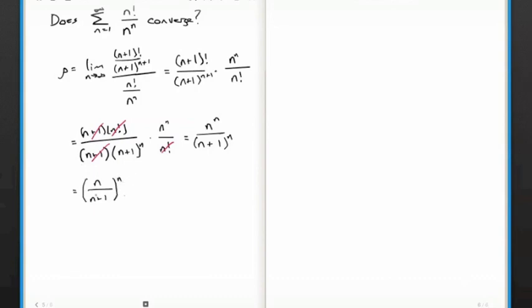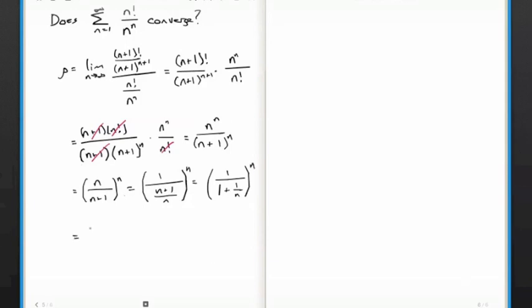Okay, now this looks a little bit like one of these limits I did way back in chapter 10.1, I think it was, several sections ago, except it's a little bit upside down. So I'm just going to make it right side up by putting it over 1, n plus 1 over n, and all this thing is raised to the n. And I can split this up into two fractions, and so n plus 1 over n becomes 1 plus 1 over n, this whole thing to the n.